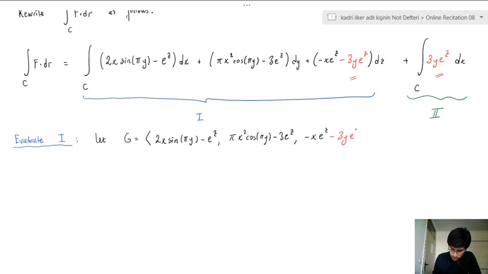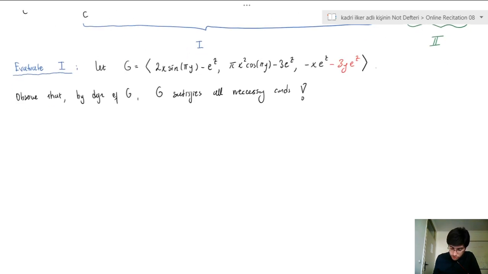But now, thanks to this extra term, the red one, by definition of G, this is how we choose G. Actually, G satisfies all necessary conditions.